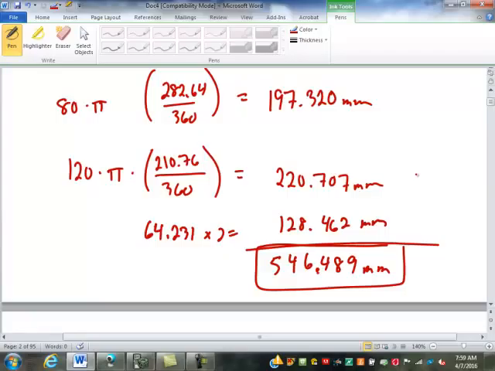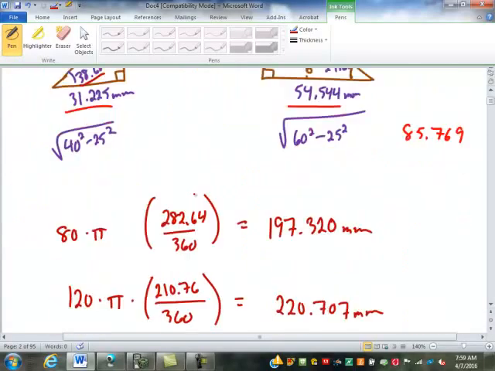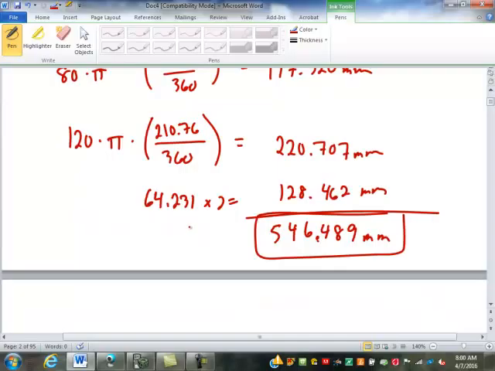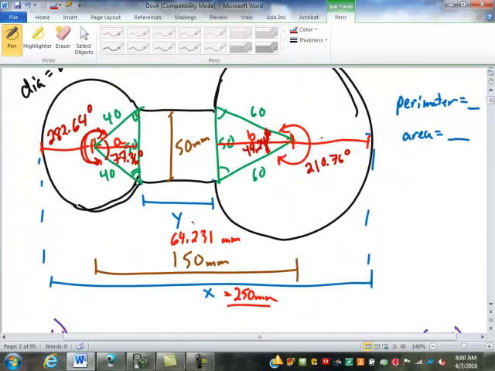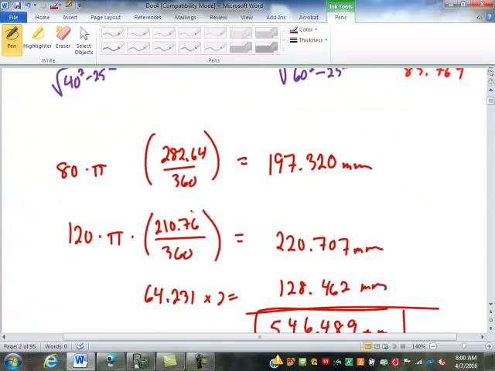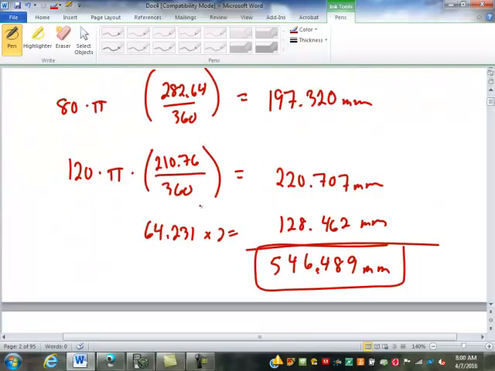And then 64.231 times 2. 546.489. Is that what you got now? 546? Okay. That is our perimeter.